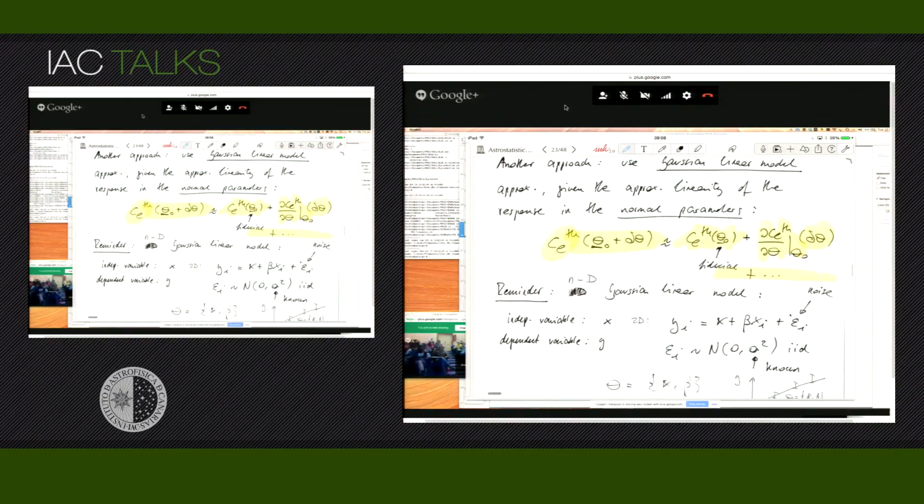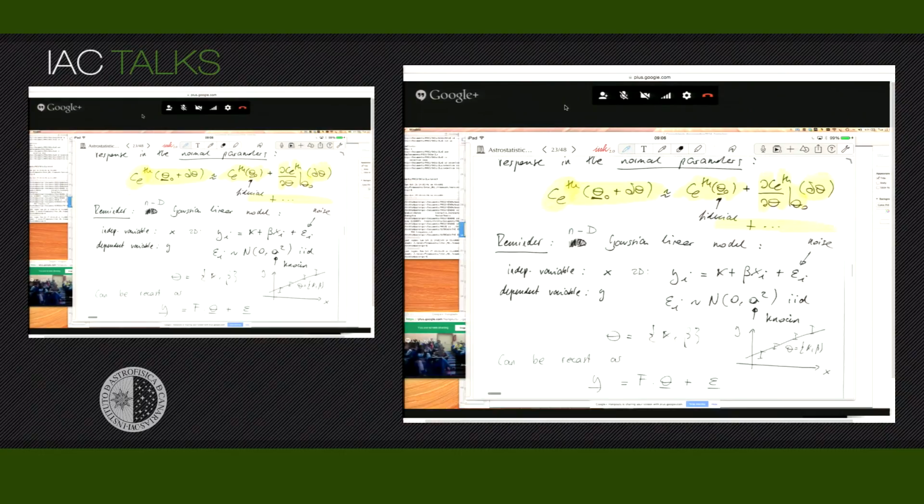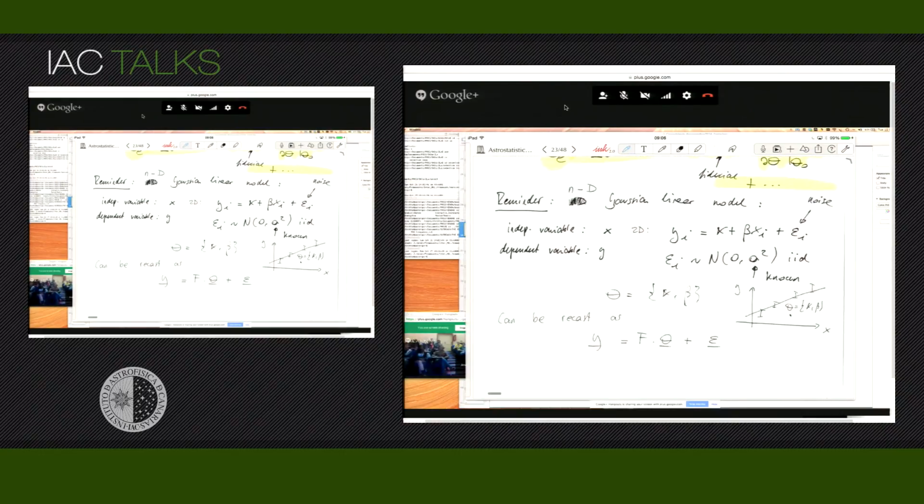So let's go through the n-dimensional Gaussian linear model, where n here is the dimensionality of the parameter space. We have an independent variable, and we have a dependent variable, the response, y.